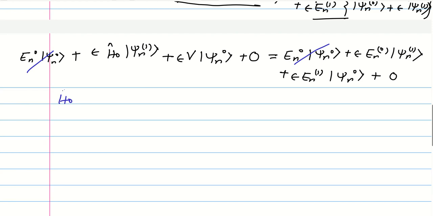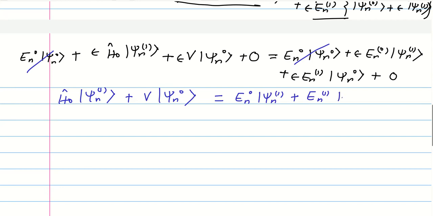So you get finally this, and this is equal to this.